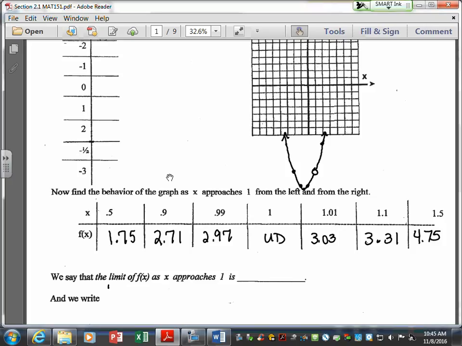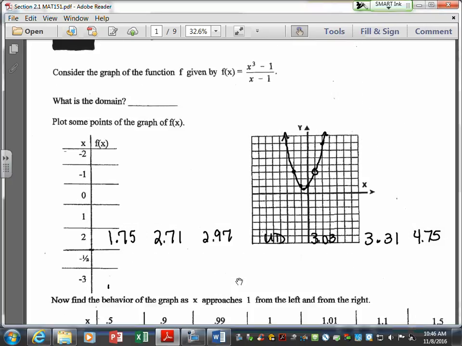Okay, so once we have these in, the limit of a function is the value the function approaches at a given value of x. So we say the limit of f of x as x approaches 1 is, let me put this back, if I'm approaching the x value of 1, where is our function going? What's the y value? 3, right?